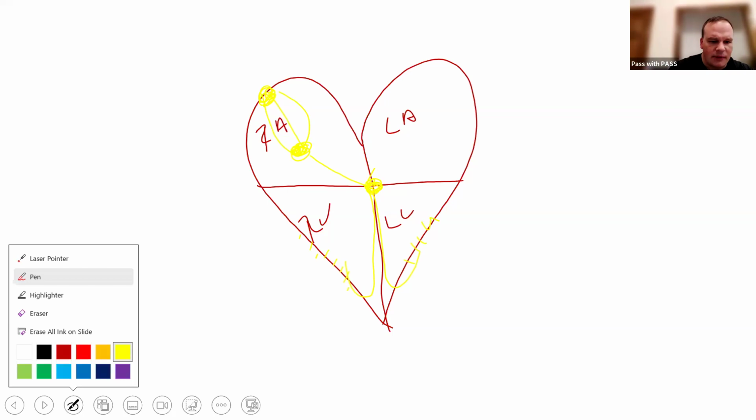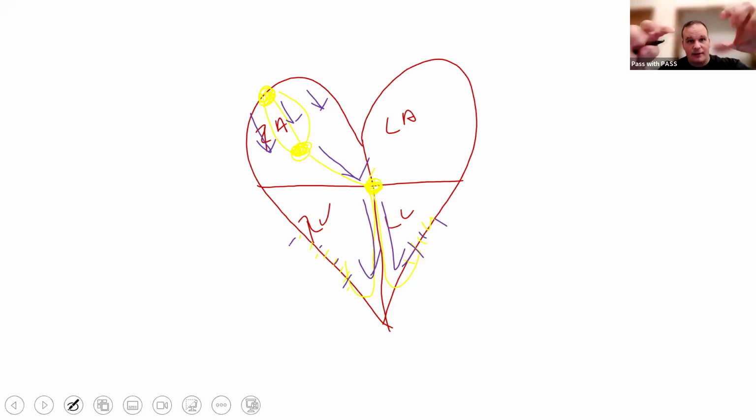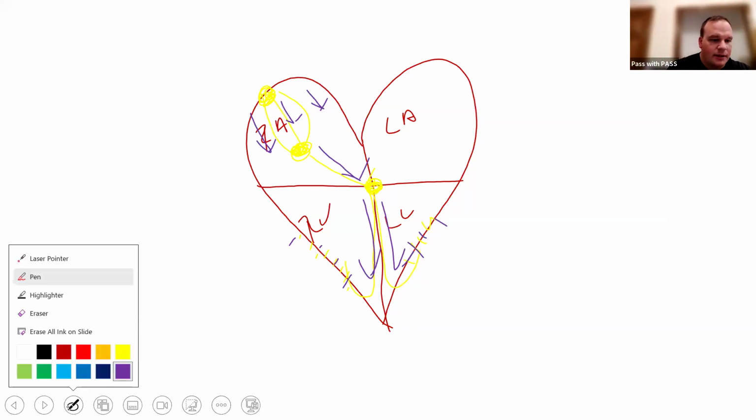Okay. So under a normal circumstance, my electricity is following this path, and it's causing my heart to contract from the top to the bottom. My atria contract together, my ventricles contract together.